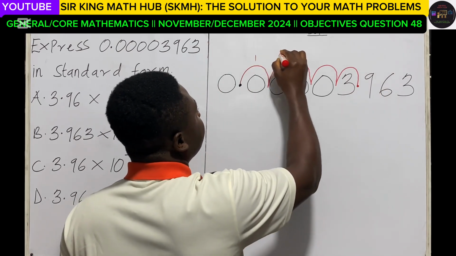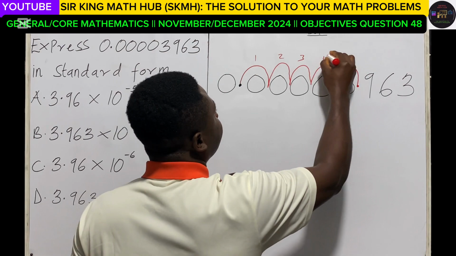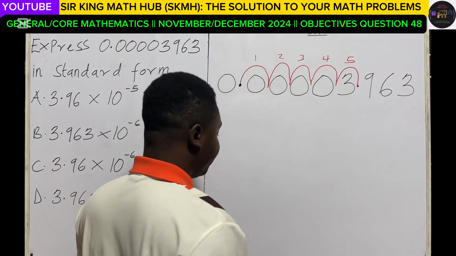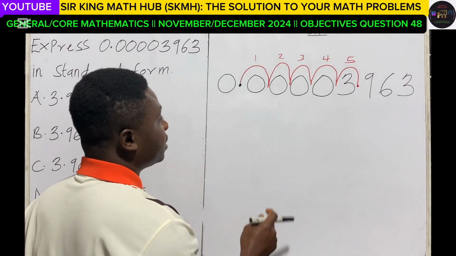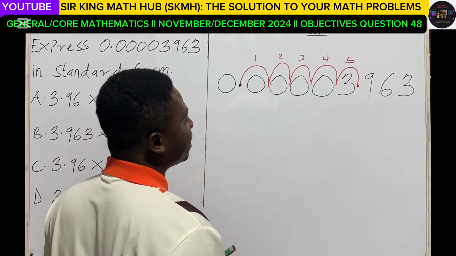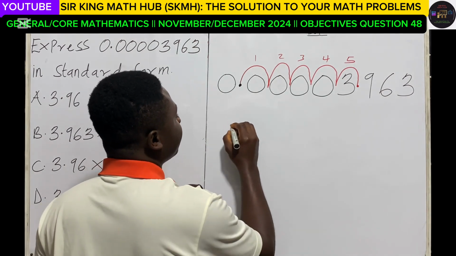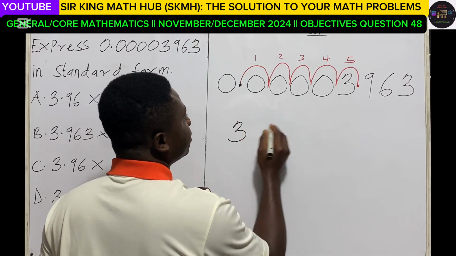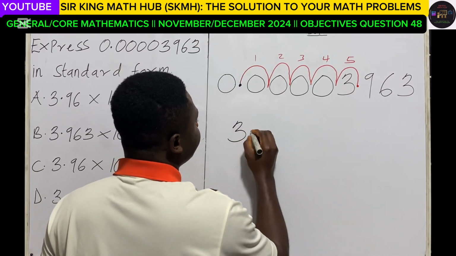So this is the first step, second, third, fourth, and then fifth. So let's start writing the number starting from the first significant number. So we have 3. So now this is the new position of the point.